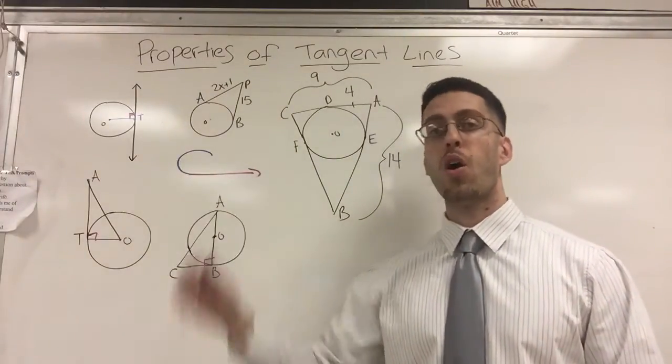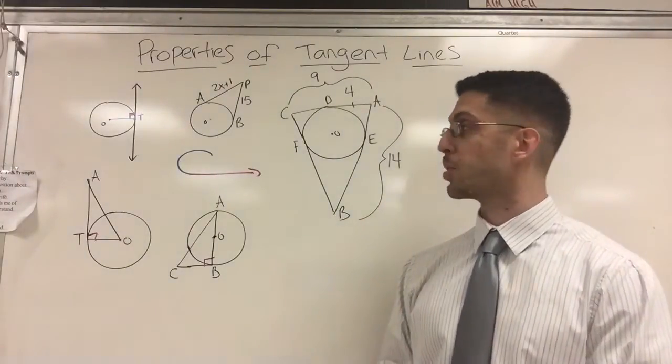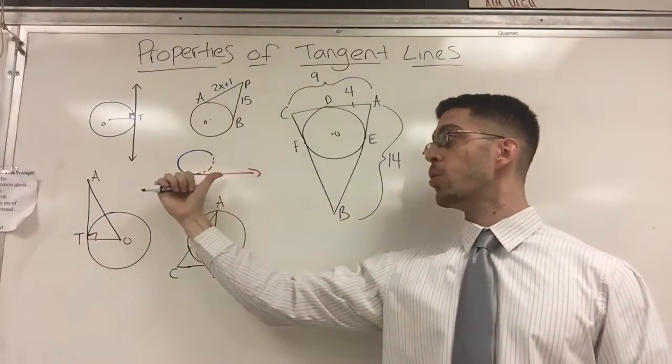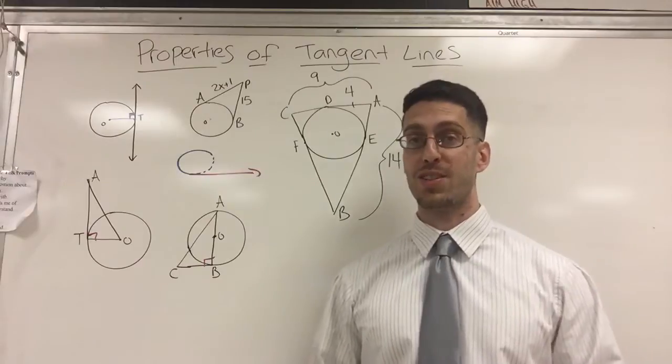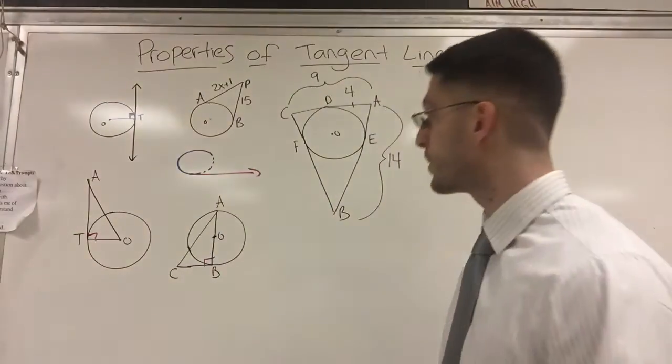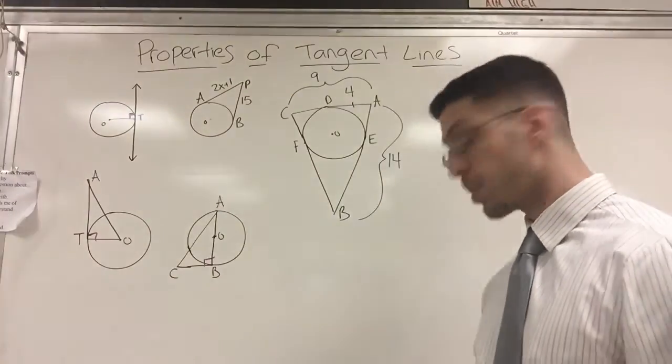It means you're going off topic instead of completing the pattern of the conversation, which would have completed a circle. You went off on a tangent. You get it? So maybe that'll help you remember what a tangent line is.